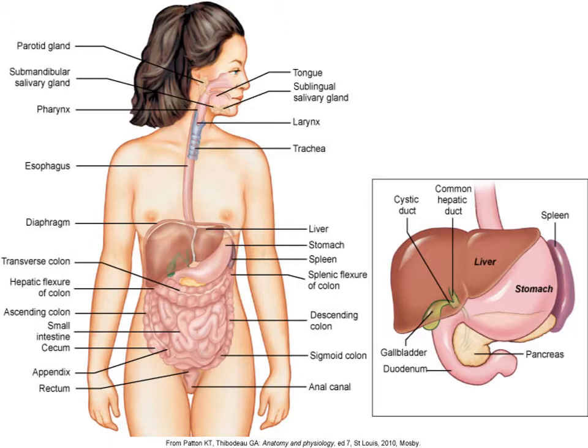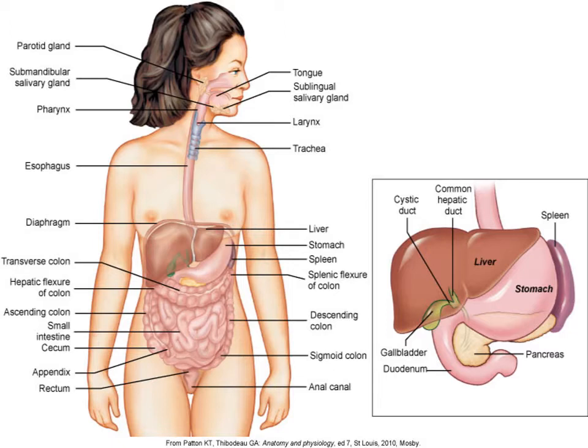Let's just start. So the digestive tract starts at the mouth, and you have salivary glands there. And so digestion actually starts in the mouth. Most of the digestion is in your small intestine, but some digestion, for example, with salivary amylase that breaks down some carbohydrates a bit, is in your mouth.